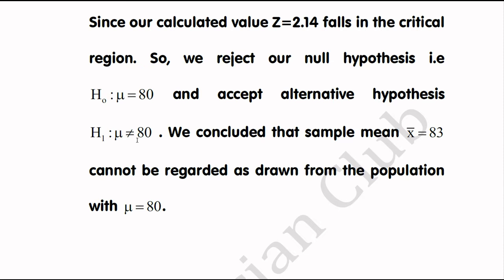And we conclude that the sample mean x bar equal to 83 cannot be regarded as drawn from a population with mean mu equal to 80 because we accept our alternative hypothesis. So we cannot assume that the sample is drawn from a population with mean equal to 80.